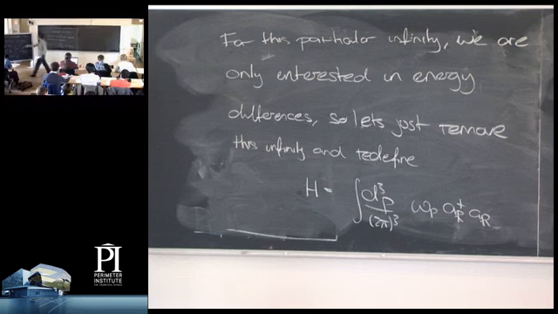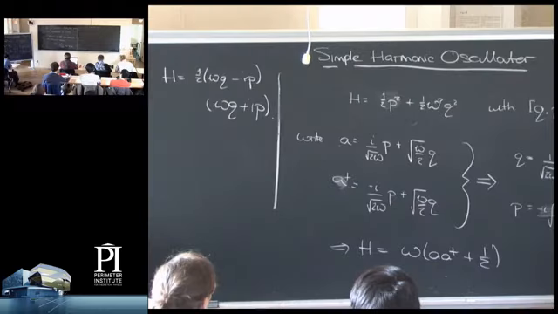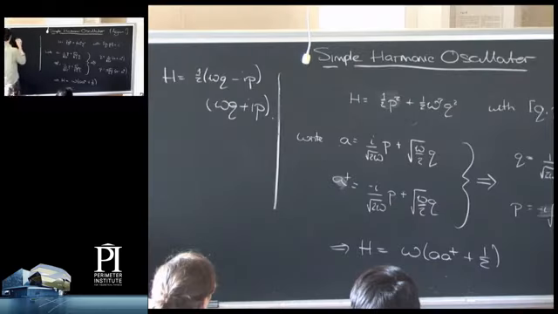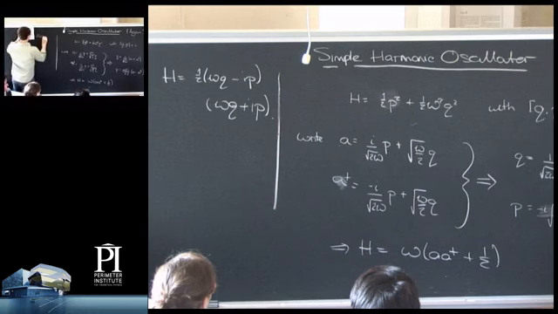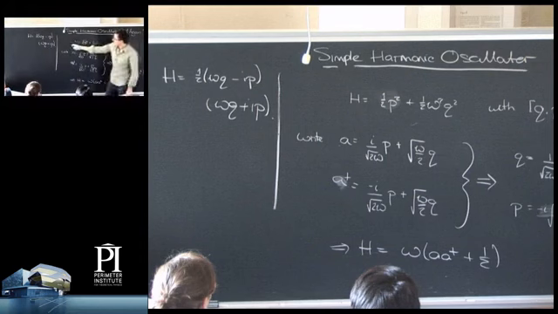If I'd written this Hamiltonian here as omega (q minus ip) in the following way, then classically it's clear that this Hamiltonian is the same as this Hamiltonian, right?